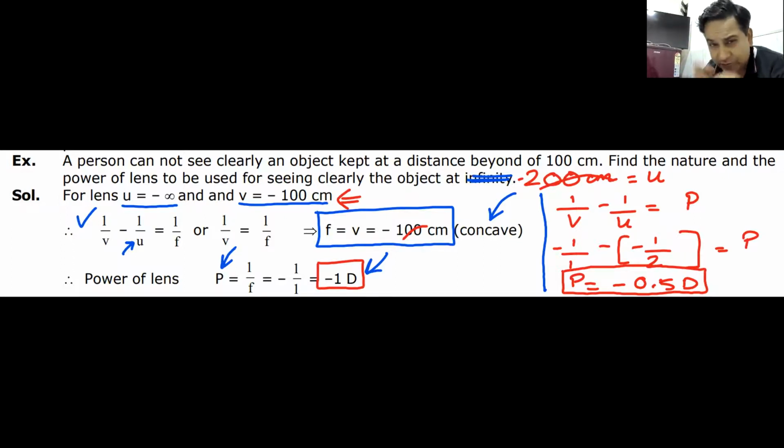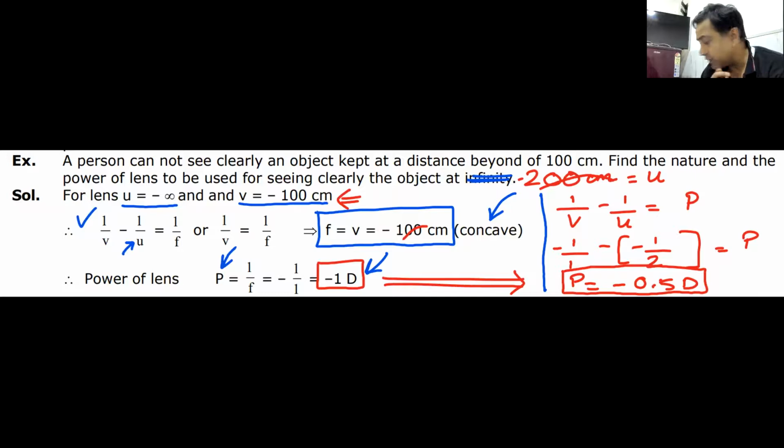That means power tells us how weak your eye is and how much external help you need to restore your eye to proper vision. That is the reason I gave you this question, minus 1 diopter to minus 0.5 diopters. Obviously, with minus 0.5 diopters, this person would not be able to see more than 200 centimeters. But I think that is good enough.